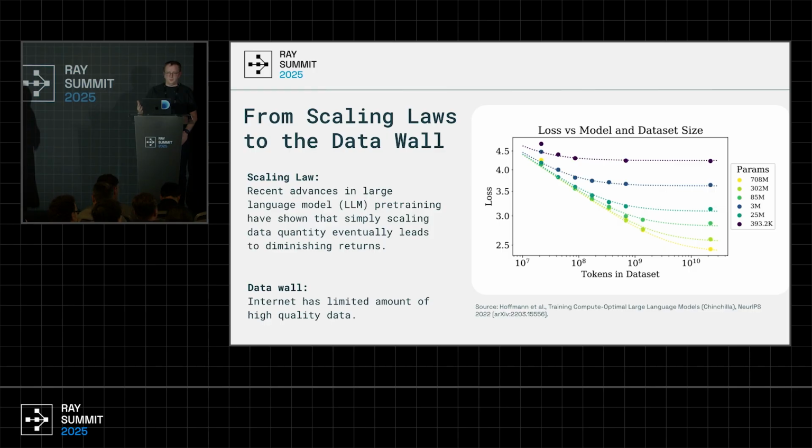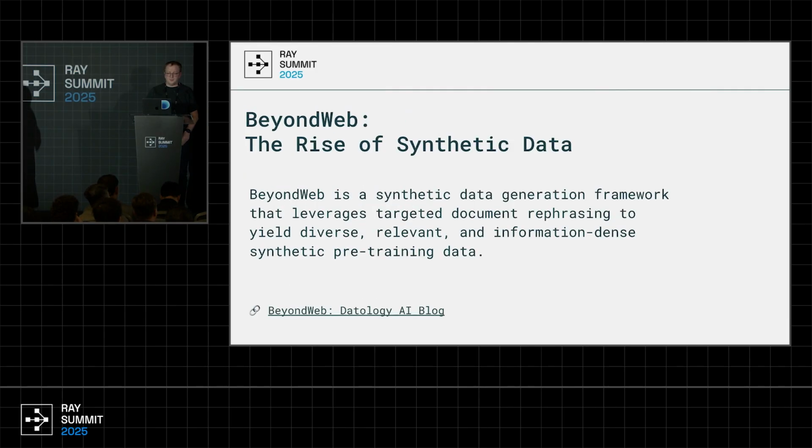This has a bunch of problems in general. One of the most common ones is mode collapse, where you learn the modes of the distribution and not the tails. The way that we do this, and we call this beyond web, is by rephrasing documents or restructuring them in various places.